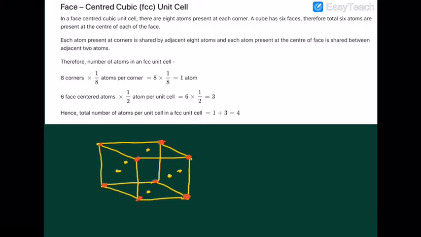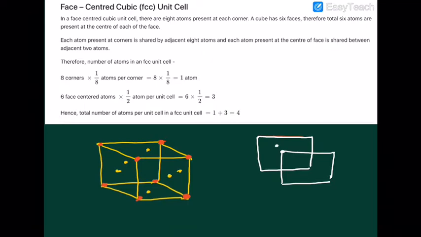I am repeating once more. Look at how I am drawing that. This is the first face, it contains one atom. This face also contains one atom.